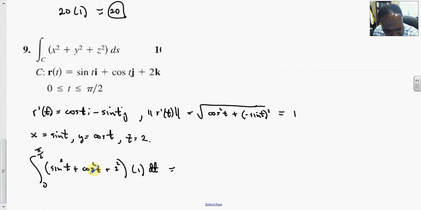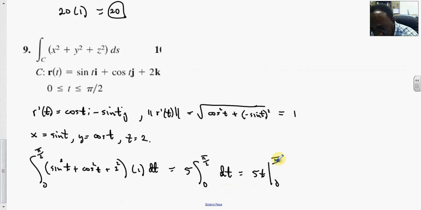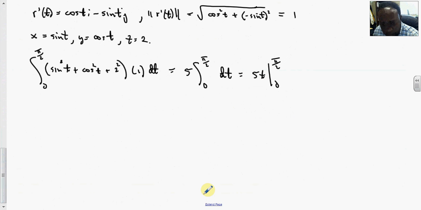So sine squared plus cosine squared is 1, and then 1 plus 4 is 5, times the integral from 0 to pi over 2 dt. So we get 5t evaluated from 0 to pi over 2. And that gives us 5 pi over 2.